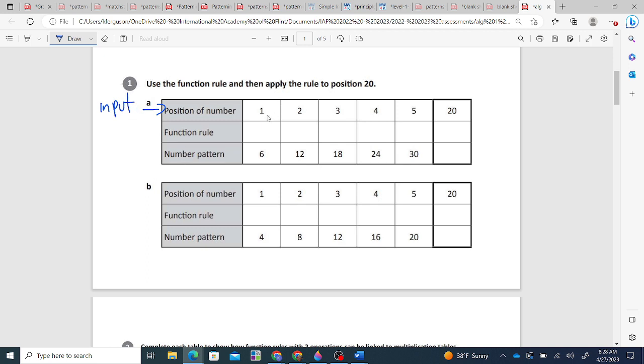So if 1 is my input and I ended up with 6, what could my function rule be? Could be plus 5. So now I got 2 plus 5 equals 12. Does that work?